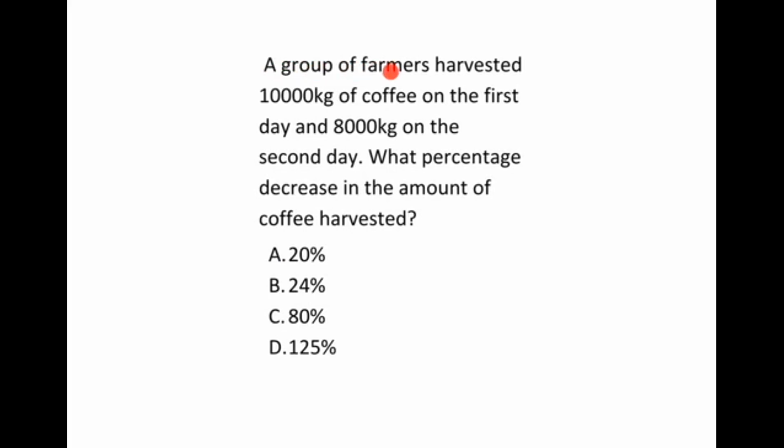A group of farmers harvested 10,000 kilograms of coffee on the first day and 8,000 kilograms on the second day. What percentage decrease in the amount of coffee harvested? Solution.